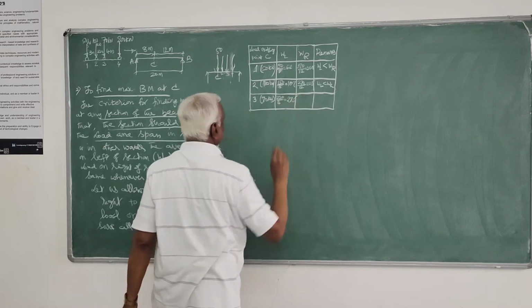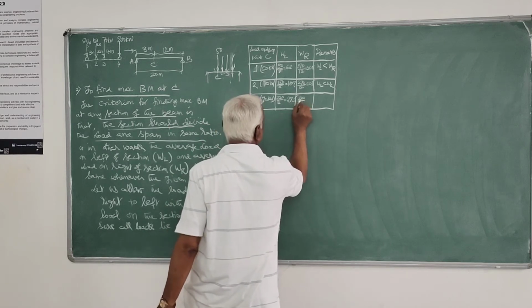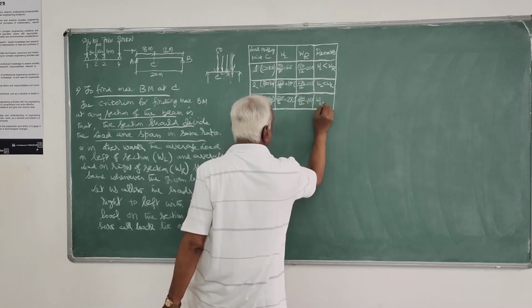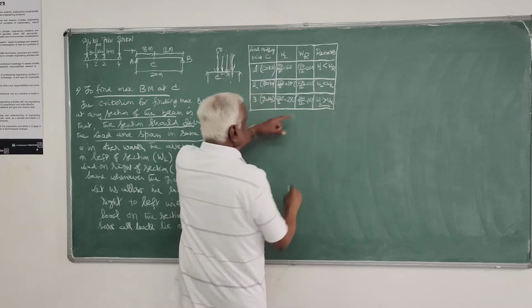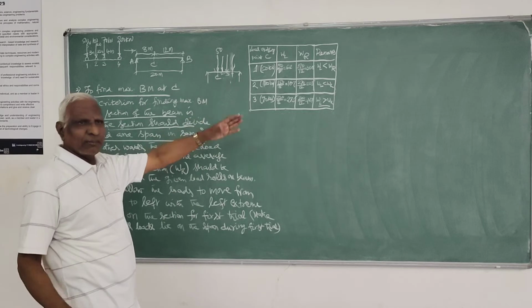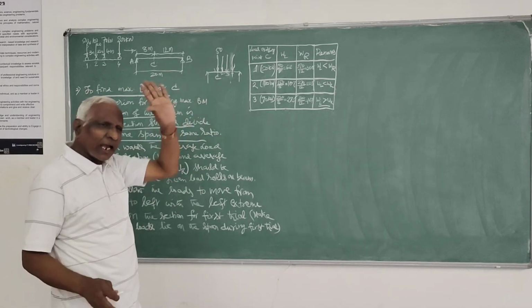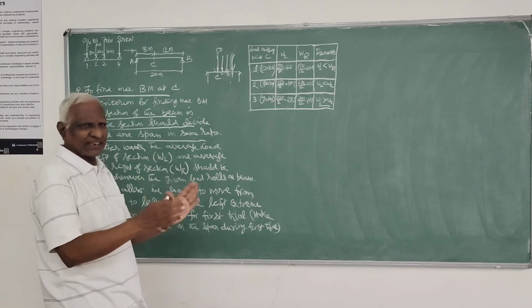Then on the right side, it is just 200 by 12, that is 16.7. Now WL is greater than WR. So the sign changes. That means WL will be equal to WR when this load is about to cross, either left or just right.